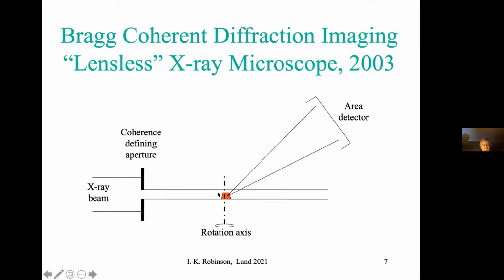And then you put your nanoparticle in the beam, and to get three-dimensional data you have to put some quite precise rotation axis on it. And then you just measure the diffraction pattern. And there's no reason, once you've made the beam coherent, you can't focus it to match the size of the crystal.